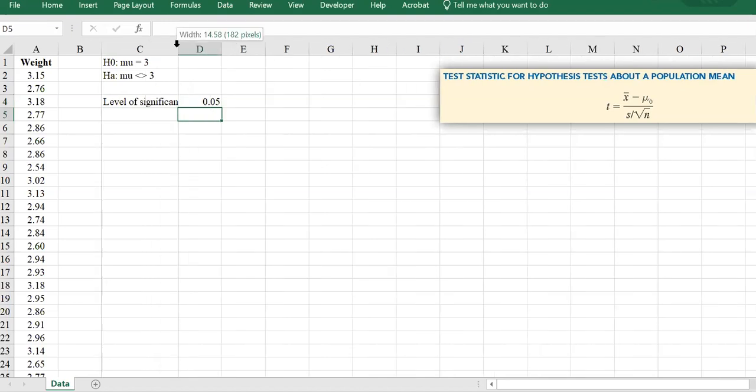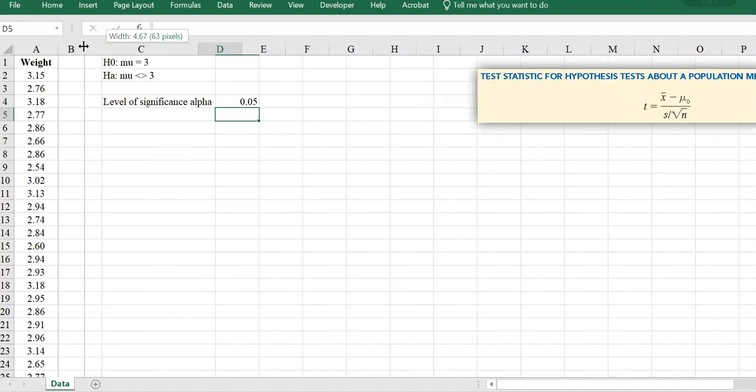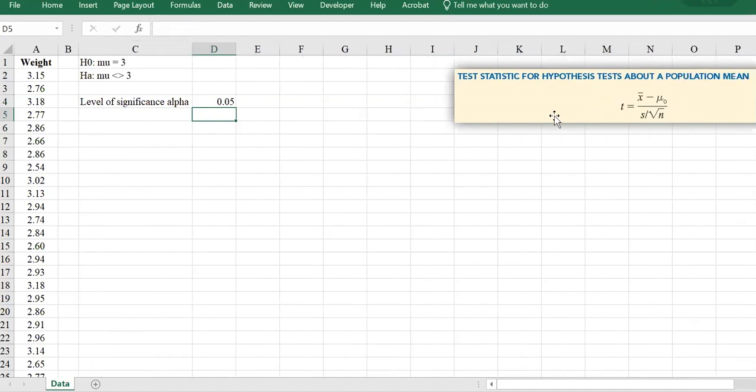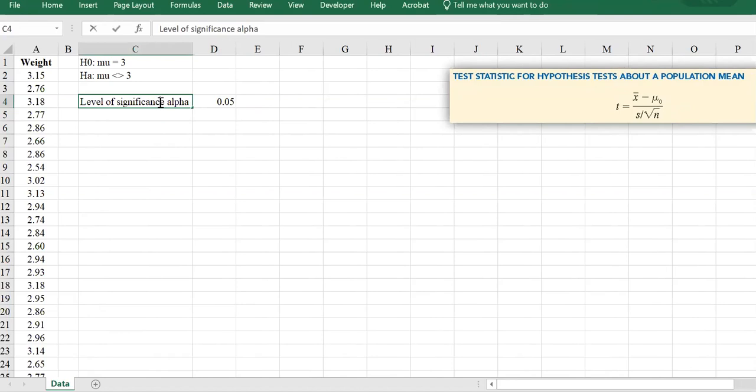That is the default value unless otherwise stated. So 5% is our benchmark, our convention from now on. So level of significance, or alpha, 5%. So that's step 2.